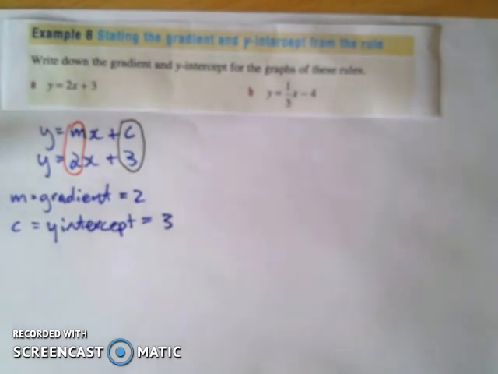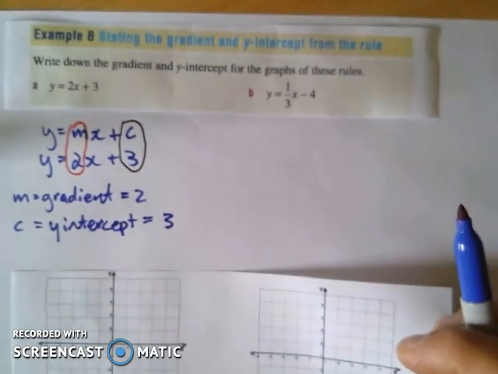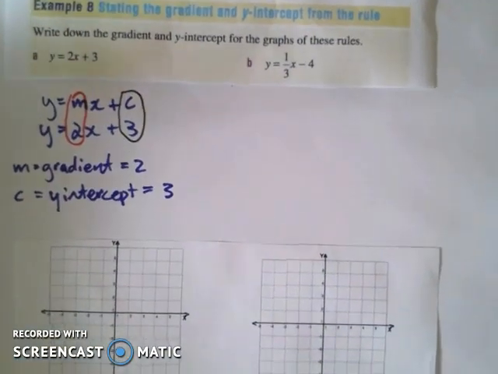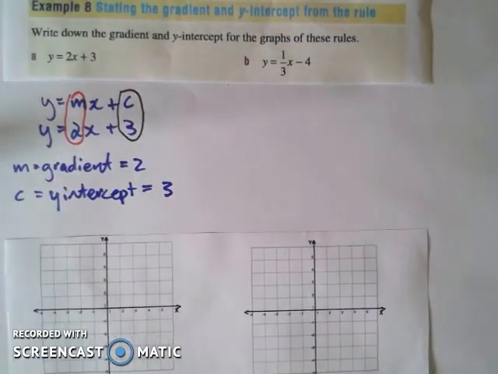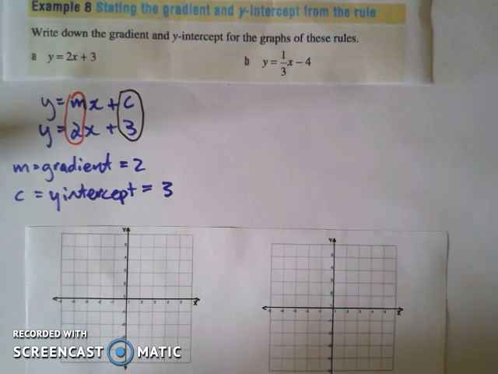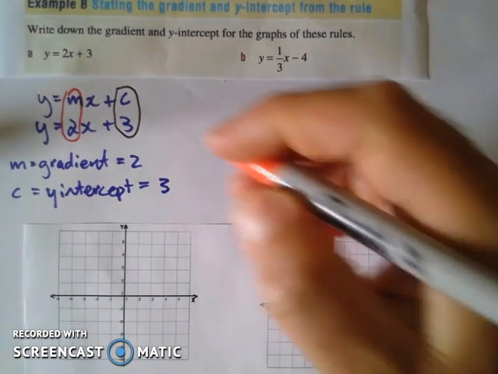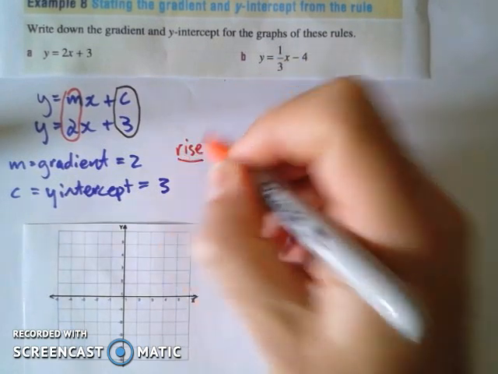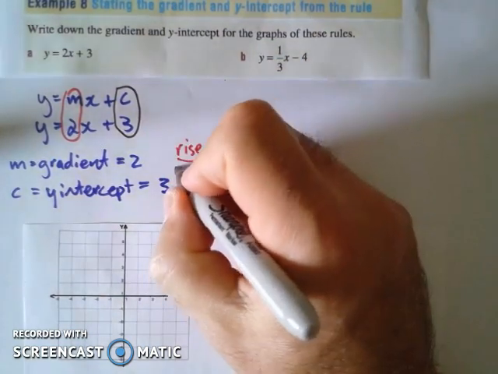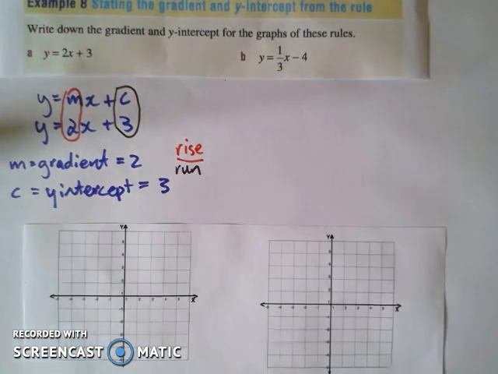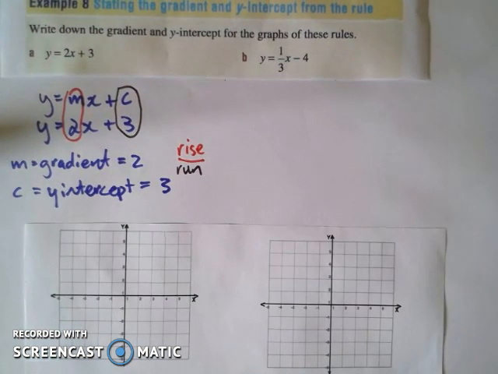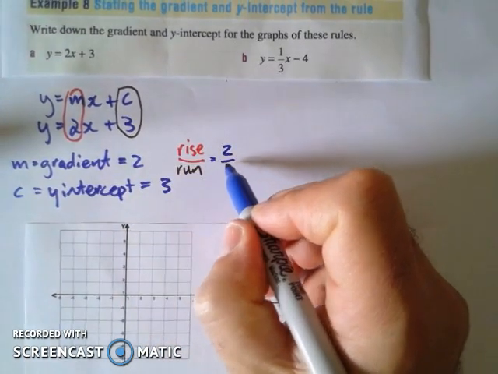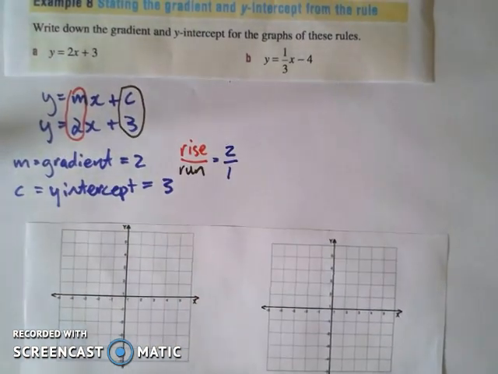If I want to go and draw this, I'm going to go to my graph over here, and I'm going to do the following. I know what gradient is. Gradient is rise over run, which means that the rise over run equals 2. That's the gradient, and it's 2 over 1 if there's only a 2.